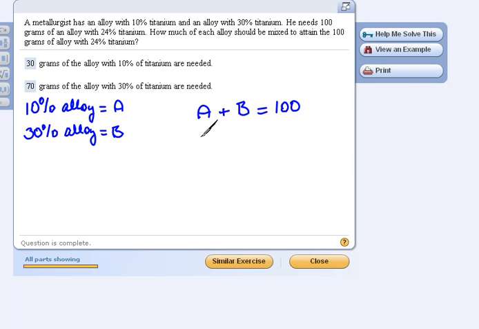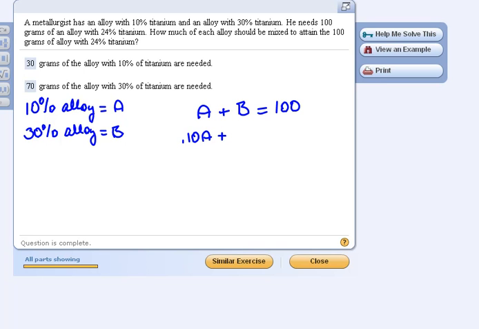Now we need to deal with percentages. That A alloy was a 10% alloy. So in order to represent not only the number of grams we have, but the part that we're going to be mixing in, or the percentage part, we need to represent that by saying this is 10% of however many grams we have.